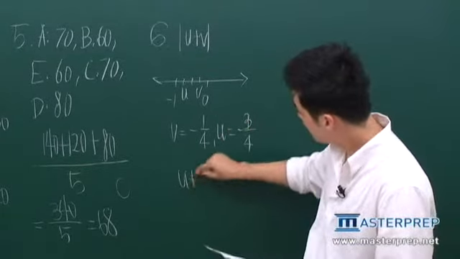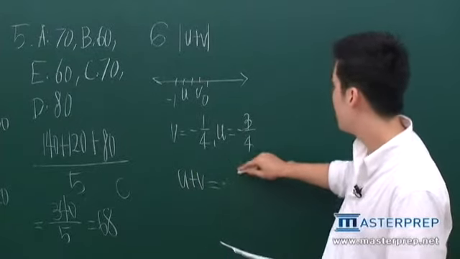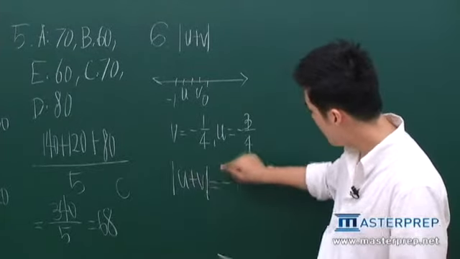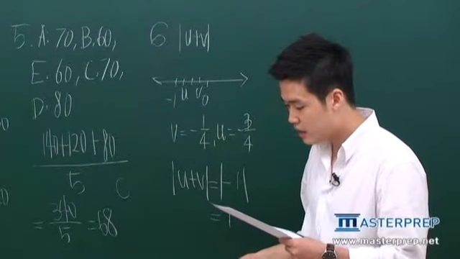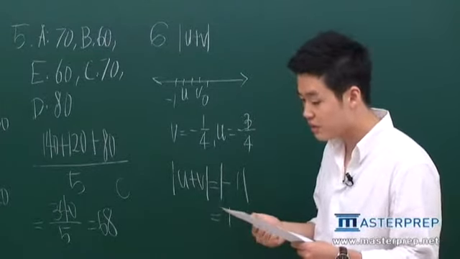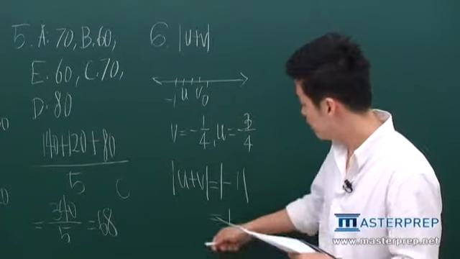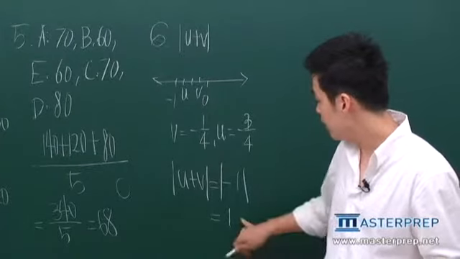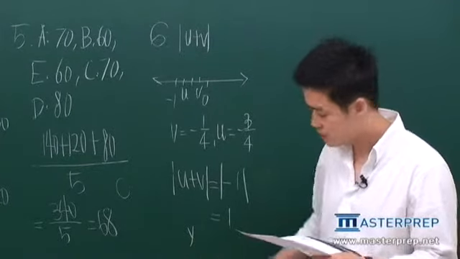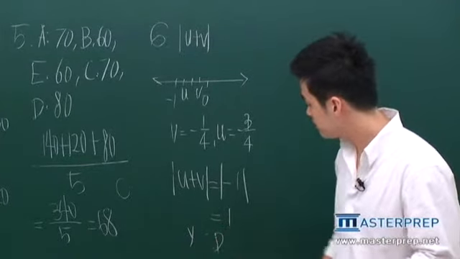So u plus v is equal to -1, but we are taking the absolute value, so it must be equal to 1. The closest value that they have is y, because y is the closest point to 1. So y is the answer, which is D.